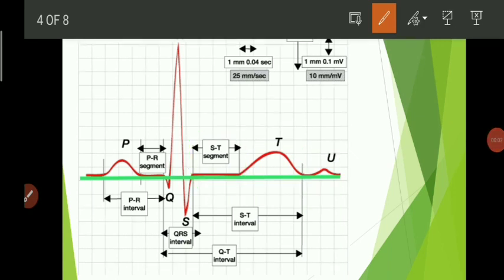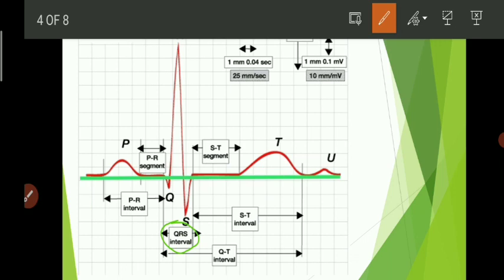Here we need to understand the concept of intervals. Usually an interval is a combination of a wave and a segment. So you can see the PR interval over here. PR interval is a combination of P wave along with PR segment. Then we have the QRS interval, which is represented by the QRS complex itself.